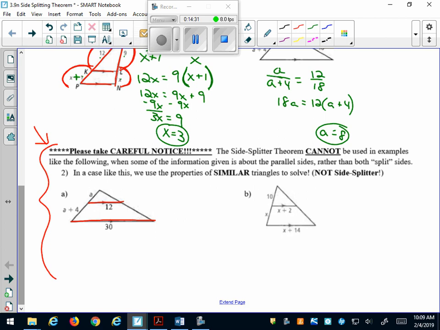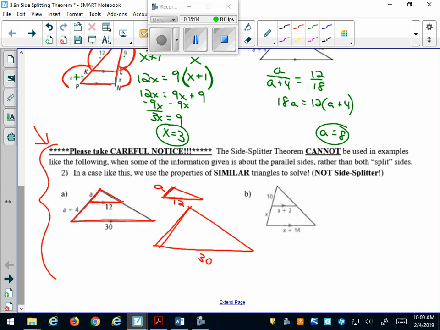So when they give you the information labeled on the parallel sides, you have to go back to doing it the old way. Okay? So the base of the little one is 12, the base of the bigger one is 30. The left side of the little one is A. What is the whole side of the bigger triangle?